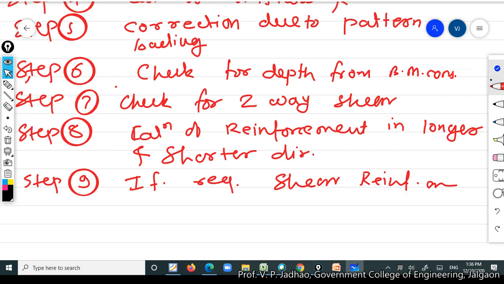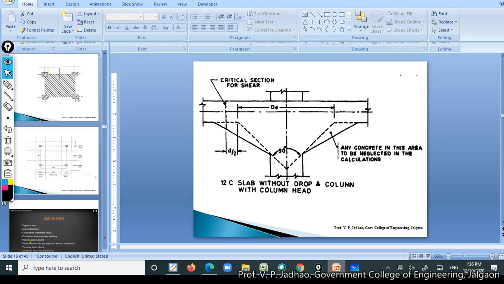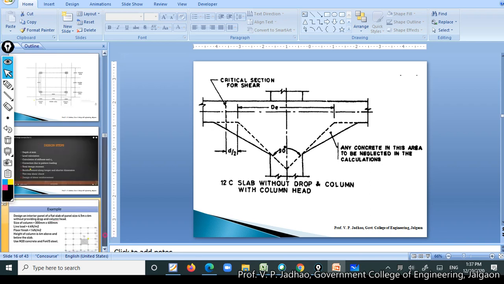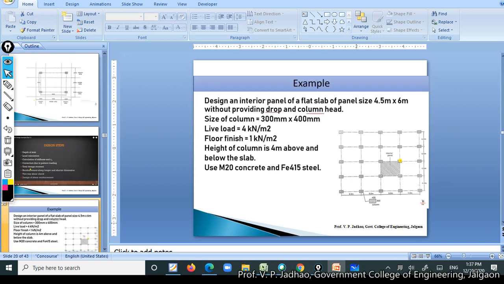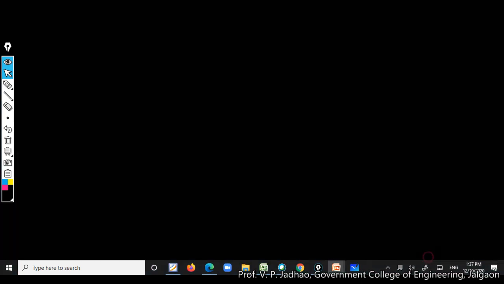Now we'll see one example on design of flat slabs. So this is our example.